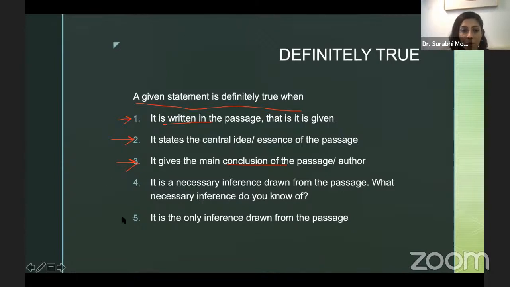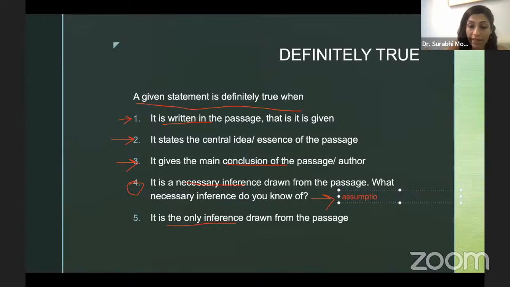I will give you an example of this. Or it could also be an only inference that you can draw, or a necessary inference. So one of the necessary inferences could be an assumption of the author in the passage, an assumption made by the author in drawing his or her central theme.